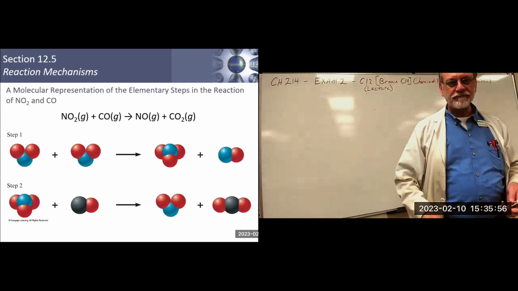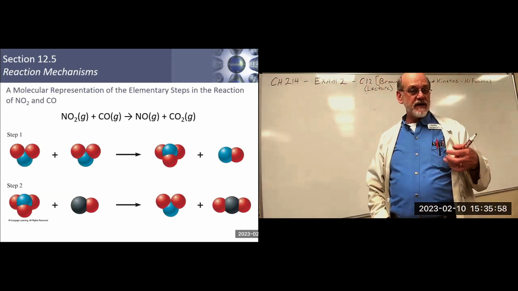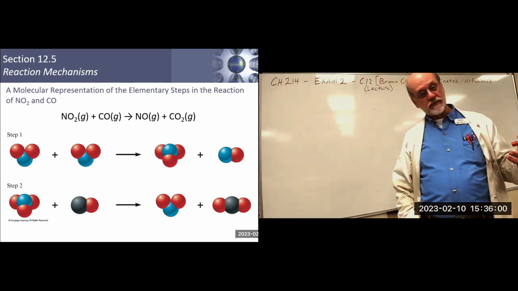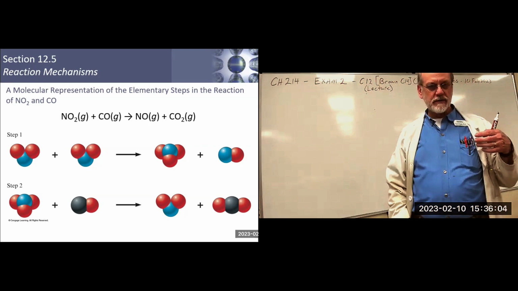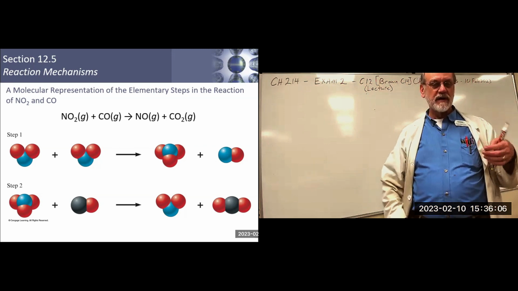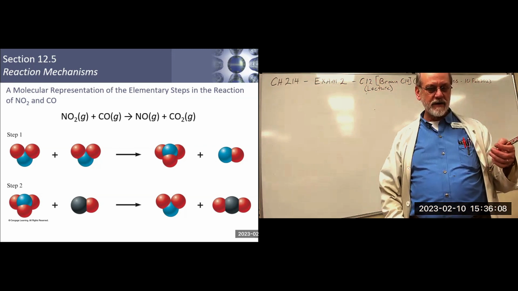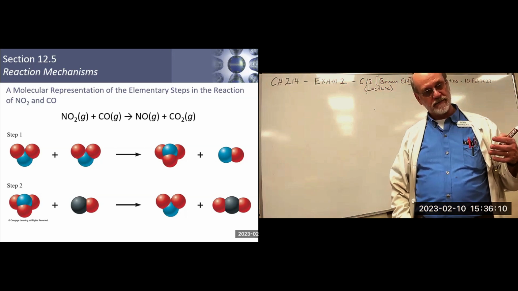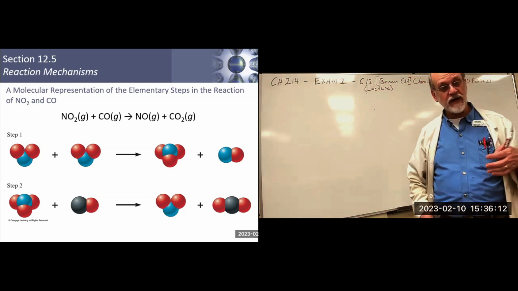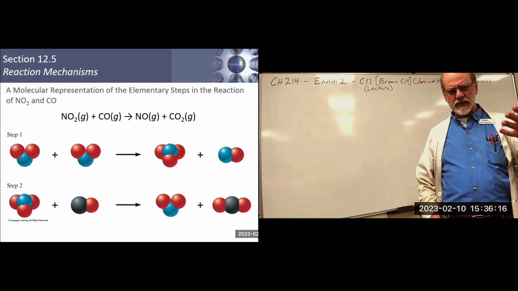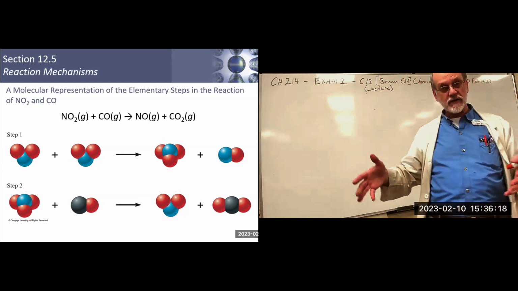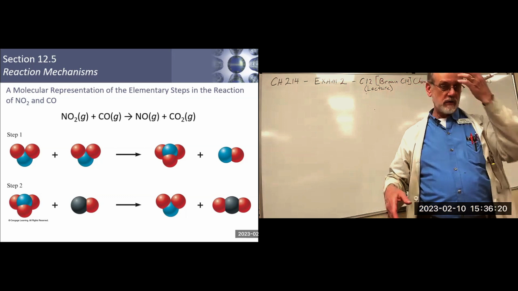Here's an example. NO2 plus CO yields NO plus CO2. So the blue balls are nitrogen, the red balls are oxygen, and the black balls are carbon. So we see in the first step, we've got 2 NO2s, right? Notice in the overall reaction, we've only got 1 NO2.